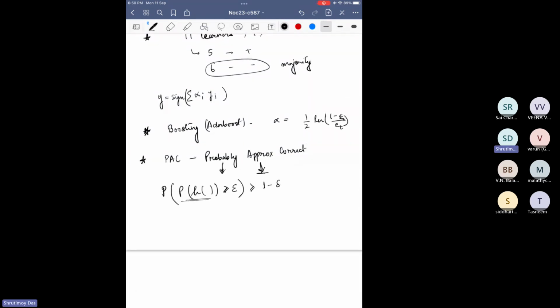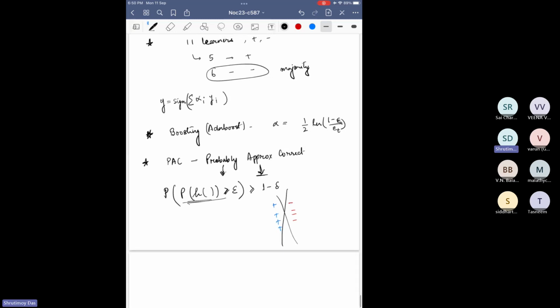Let me give you an example. Suppose you have this two-class classification problem. These are the two classes. I can say that there exists some hypothesis like this or like this maybe, such that it approximates your true hypothesis with error epsilon, and your confidence in the model is given by 1 minus delta.